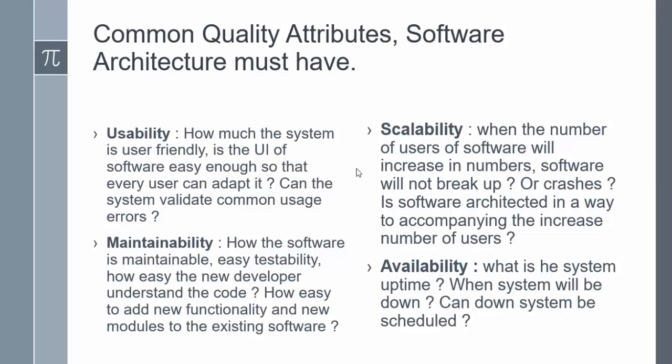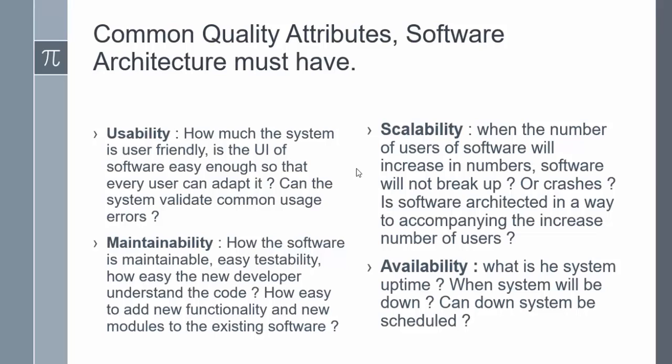Then comes the fourth point, which is availability, that is, what is the system uptime. If the website is up on the internet and running, it should have a perfect infrastructure background so that the website is running 24 hours a day.